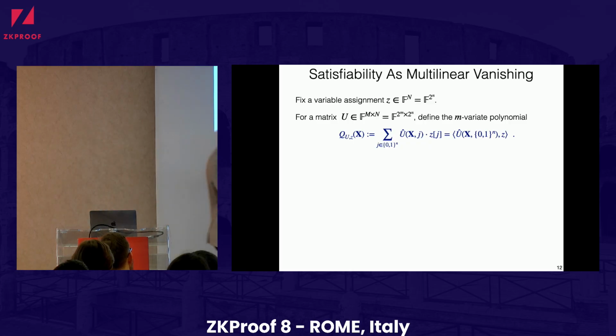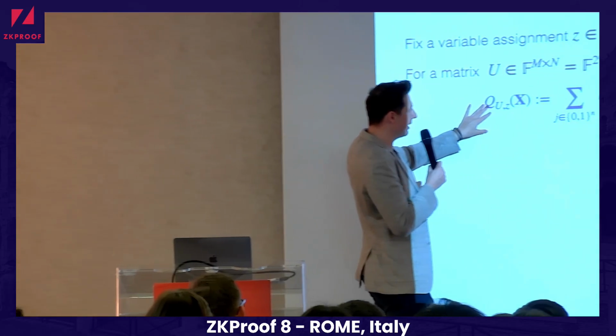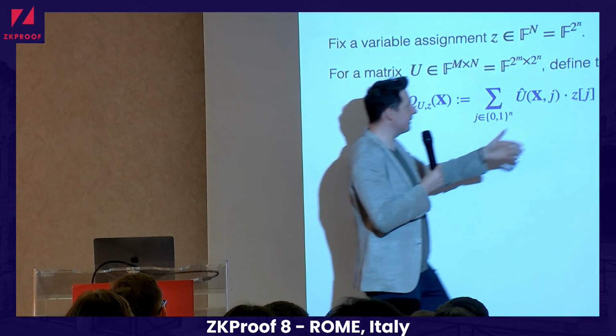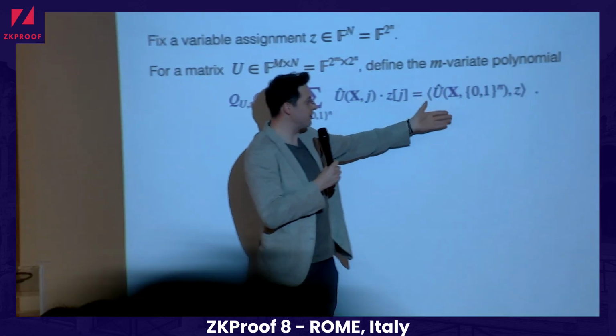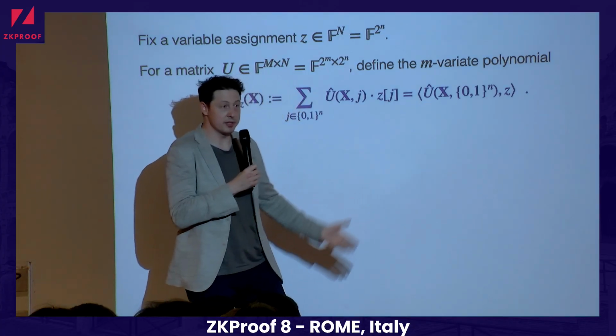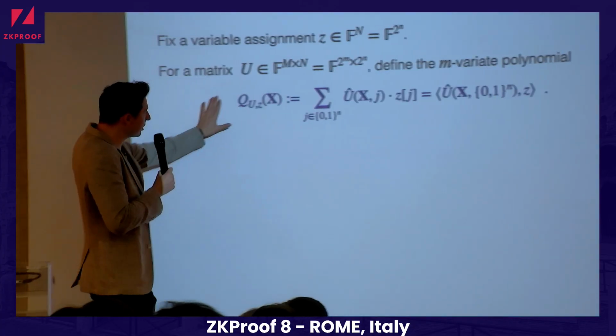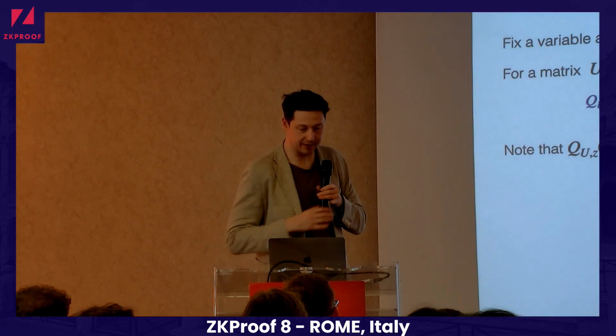I'm interested in matrix A, B, or C times vector Z. I can replace the matrix with an indeterminate here, and I get that this polynomial, if I were to evaluate it on {0,1}^m, would give exactly the inner product that I'm looking for, which is the matrix times Z, right? Why am I writing it as a polynomial this way? Because at some point I'm going to be using sum-check. Okay, good.